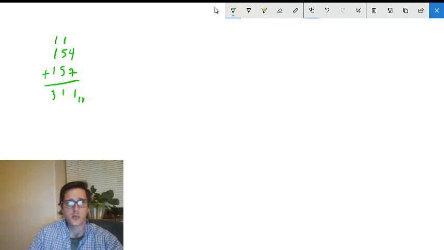Now to create this, we're going to go 1, 2, 3, 1. So there's 1 in the hundreds place. We have 5 in the tens place, and we have 4 in the ones place.